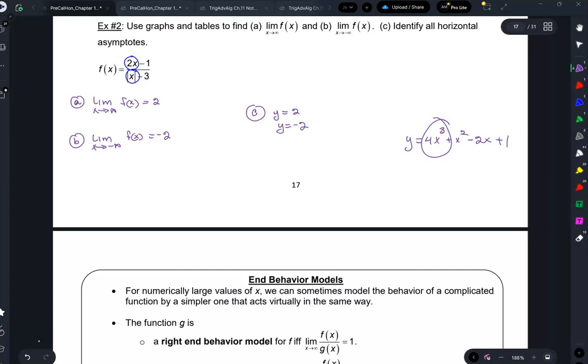So whatever this graph is doing here, at the infinities, it will act like a cube root graph, okay? So the end behavior model would be y equals 4x cubed. That just says at the ends, it behaves like 4x cubed.